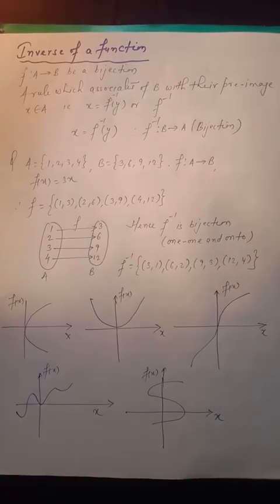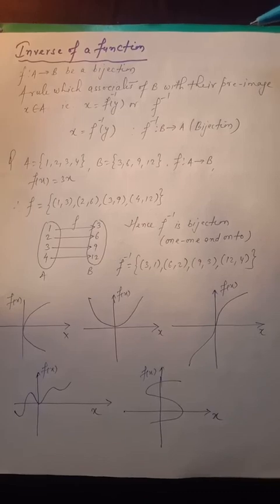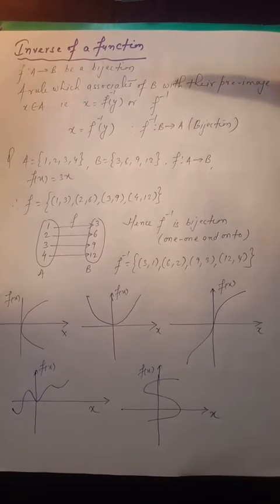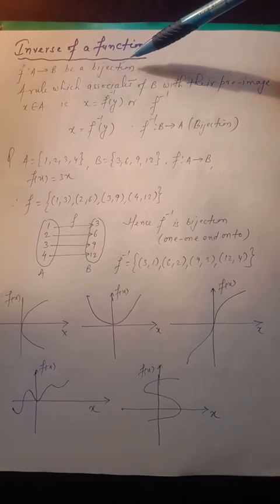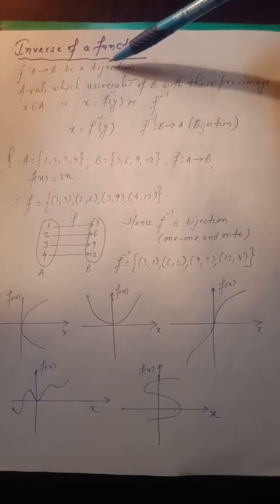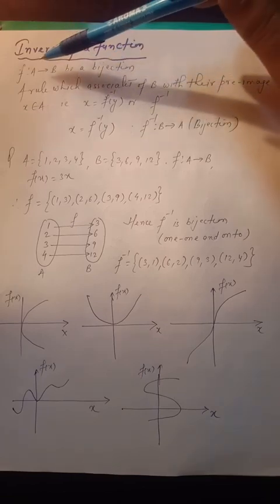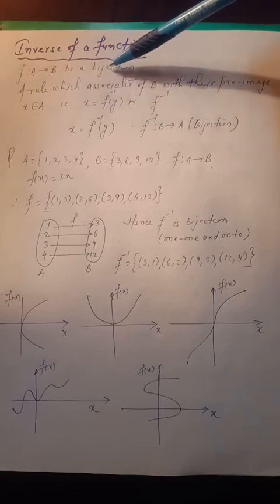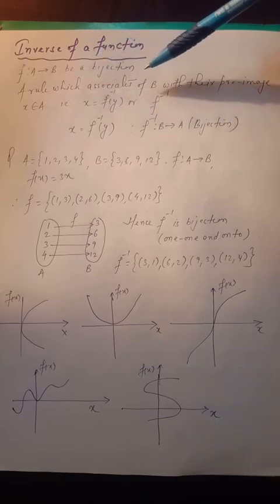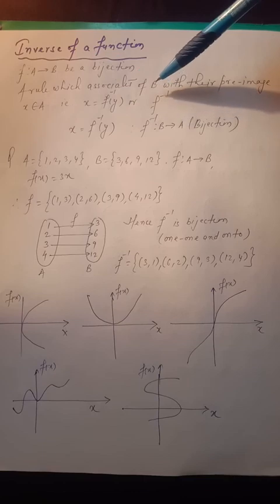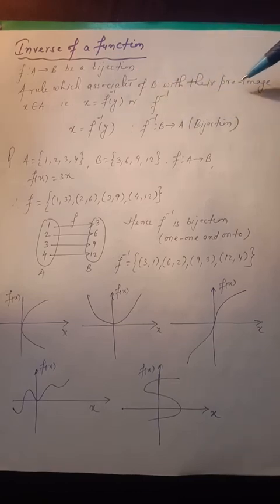After one-one onto functions, let's take the inverse of a function. What is the inverse of a function? Actually, when a function from set A to B is a bijection or bijective, bijection means one-one onto function. So when a function is one-one onto, a rule will exist, and this rule associates the elements of set B with their pre-images.